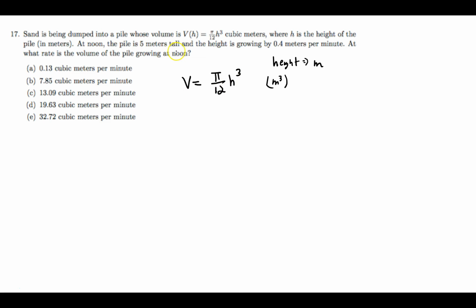At noon, the pile is 5 meters tall. At noon, h is equal to 5 meters. The height is growing. That's a derivative, a rate, and growing means positive, and 0.4 is going to be the meters per minute. At what rate is the volume of the pile growing at noon? They want us to find dV/dt.